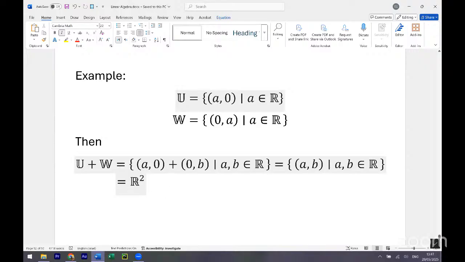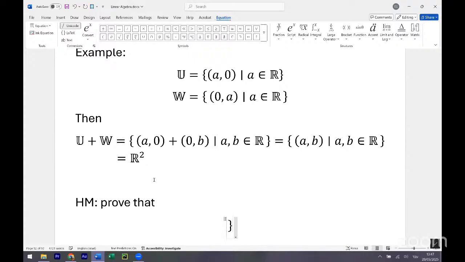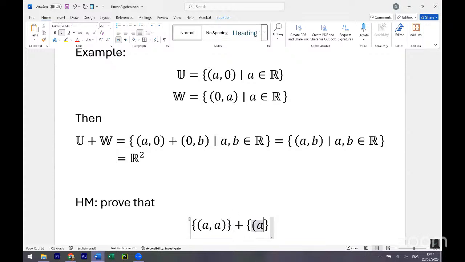It would have been a bit more complicated if I took, for example, (a, a) here. I'll give you that for homework: that all of the (a, a) plus all of the (a, minus a) is also R squared.